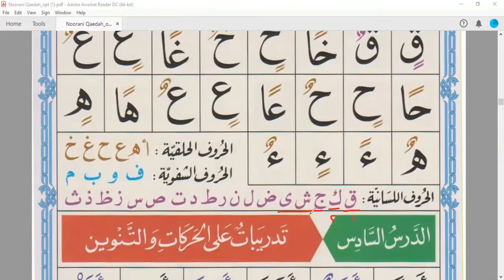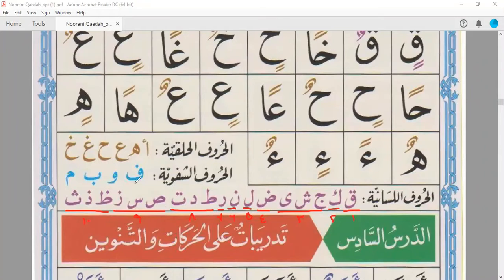So 1, 2, and 3. Dad is the 4th makhraj, lam is 5th, noon is 6th, ra is 7th, ta, dal, ta are 8, sad, sin, za 9, dha, dal, tha 10 makharij. So there are 10 makharij for 18 tongue letters.